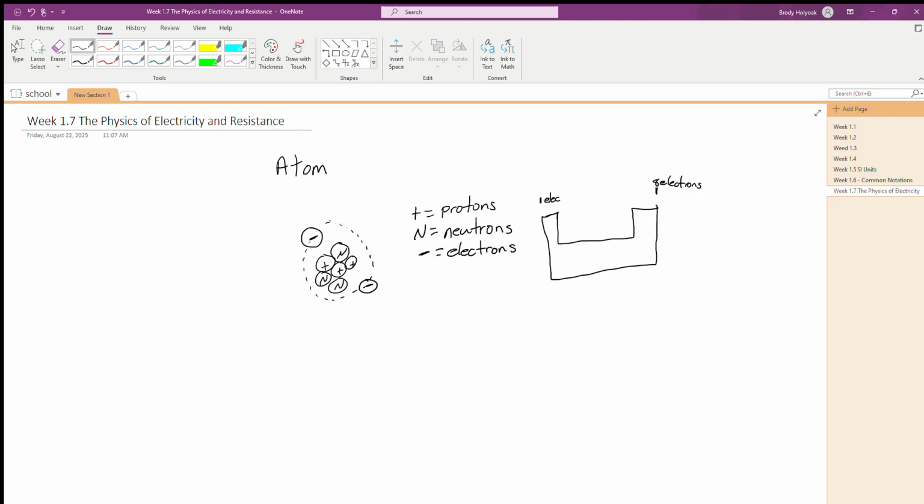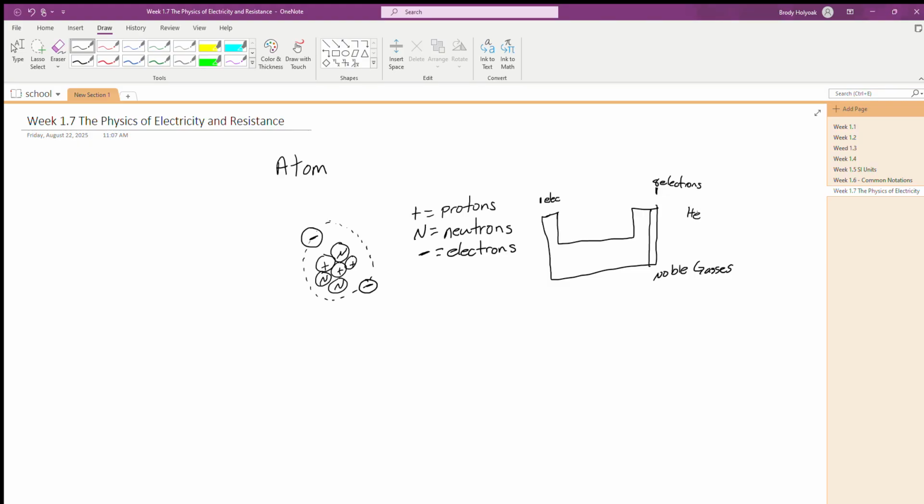Depending on how many electrons, that's how many shells they have. In the outermost shell, we have 8 electrons. So this column over here, this is what we call our noble gases. This column of elements has 8 electrons in their outer shell, meaning they don't want any electrons and they don't want to get rid of any electrons. So these guys are stable.